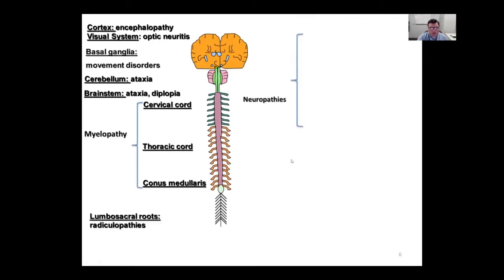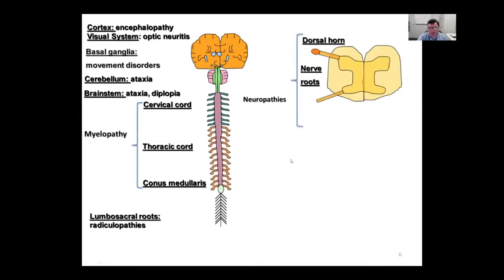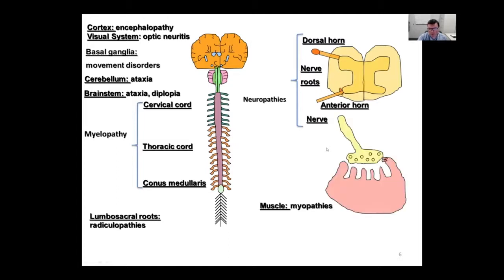And then peripheral neuropathies, either at the root level, the dorsal horn, which is very characteristic for a paraneoplastic sensory neuronopathy, and then also in the peripheral nerves themselves, in the muscles, and also at the neuromuscular junction. And so classical neuromuscular junction disorder is myasthenia gravis.